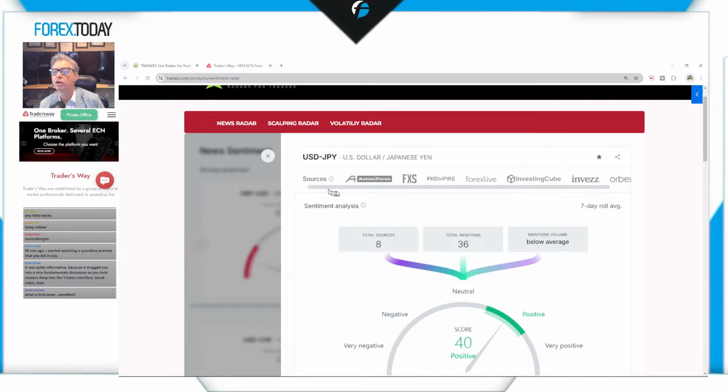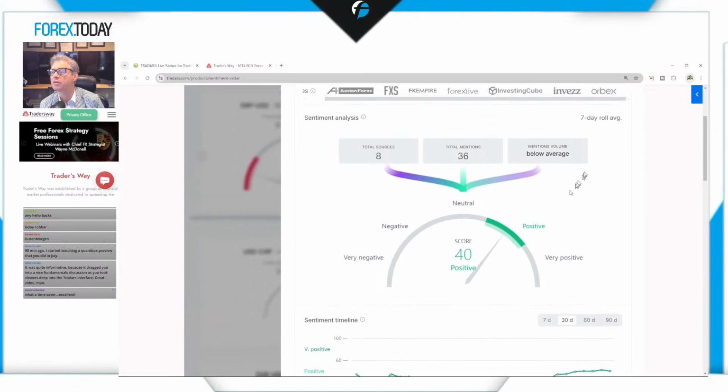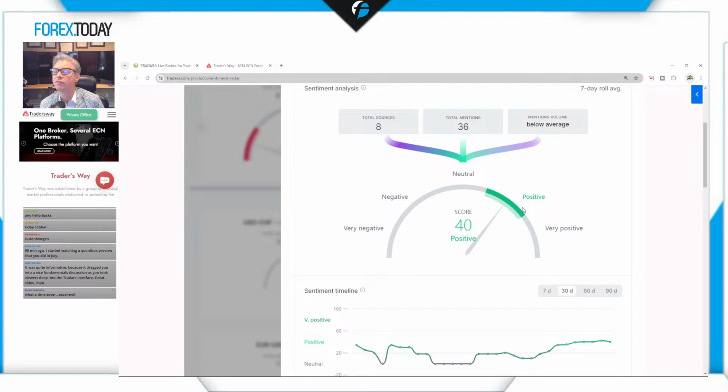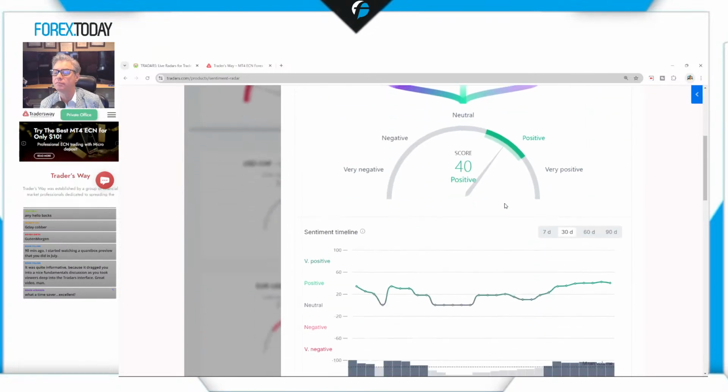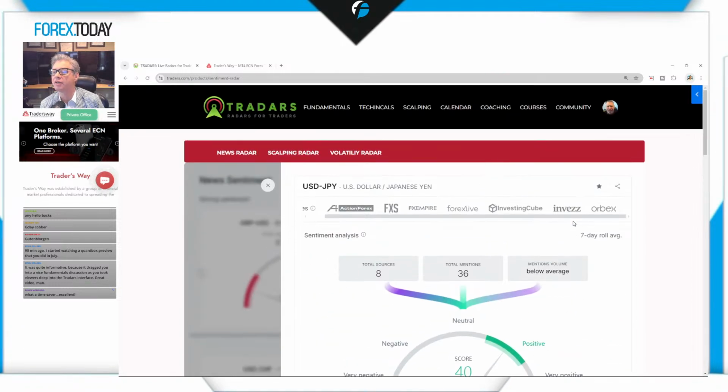So looking at Action Forex, FX Street, FX Empire, Forex Live, Investing, Cube, Invez, Orbex, and others, 8 different websites, mentioned USD yen this week 36 times, but the mentions are below average, probably because of the holidays. But generally speaking, they're favorable for pound yen. Has this changed over the last 90 days? Okay, and then you can switch and check it out. Isn't that amazing?